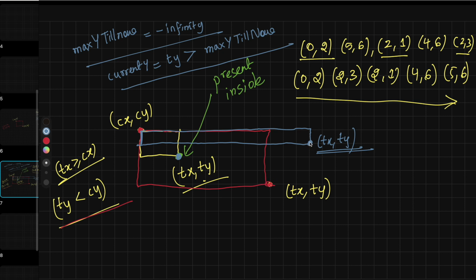But here, if you consider, the y coordinate is more than the y coordinates that we have seen till now. So that's why this rectangle becomes a valid rectangle. So this is the technique that we are going to use in order to solve this problem. I hope you understood this method. If you are having some confusion, you can try out with some valid points, and otherwise you can rewatch this part of the explanation so that it becomes clear.